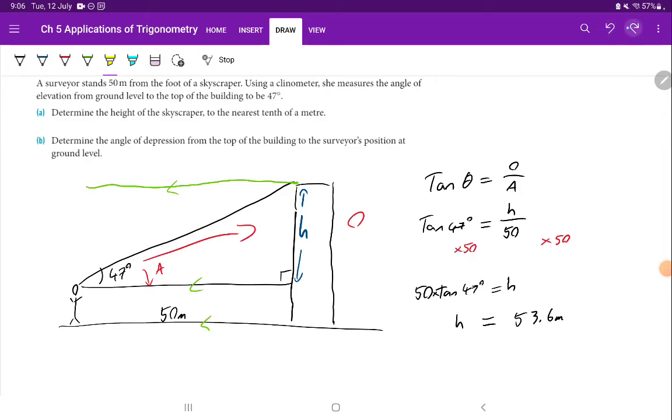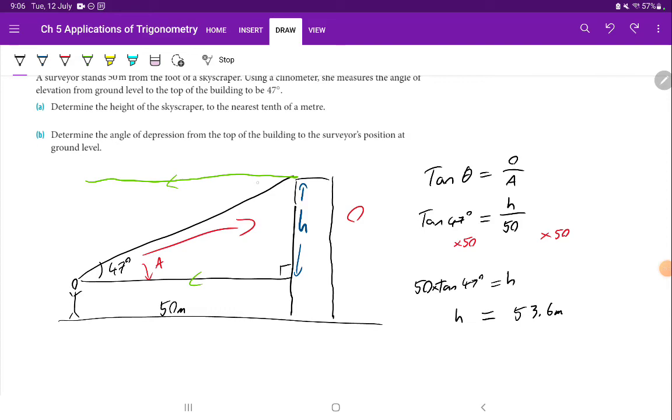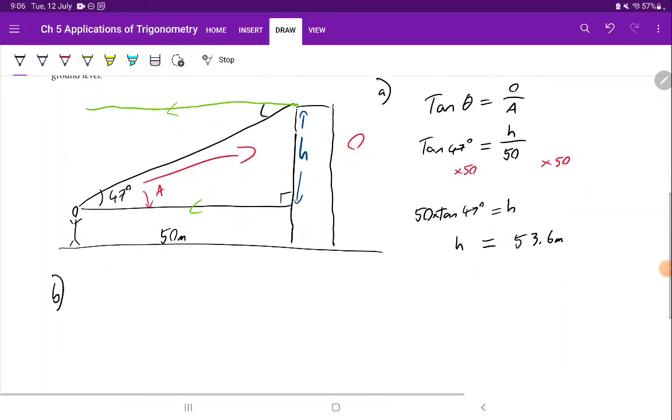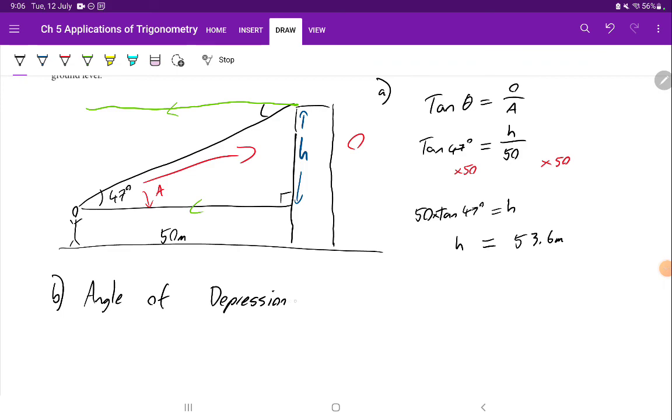Why? Because when you've got an angle of depression, the opposite angle of elevation is actually identical. So for part B, the angle of depression is always the same as the angle of elevation because of the Z rule. So the angle of depression, no calculations needed, is 47 degrees, because those angles are exactly the same.